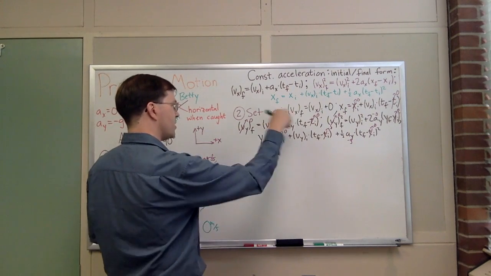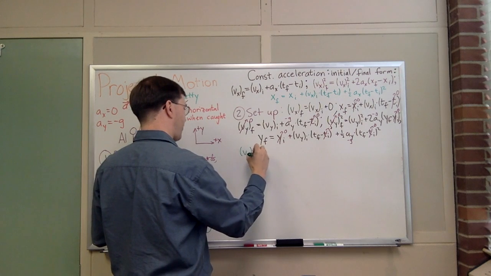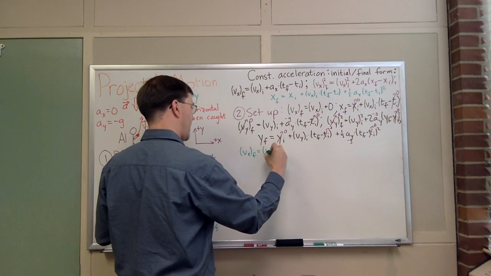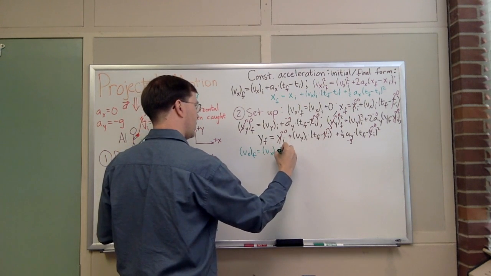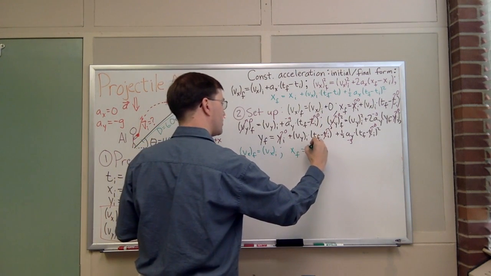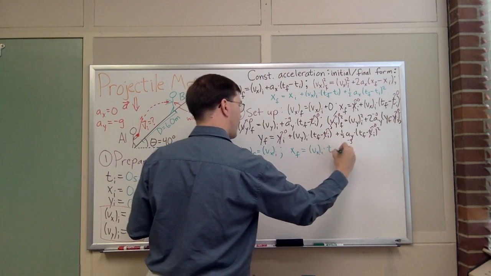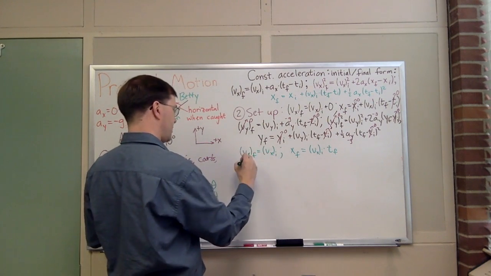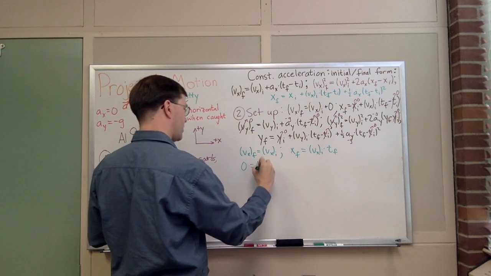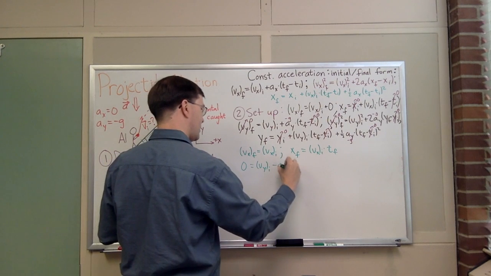My list of equations. Okay, I've got my x equations first. I've got Vx final equals Vx initial. I've got x final equals Vx initial times t final. I've got 0 equals Vy initial minus g t final.